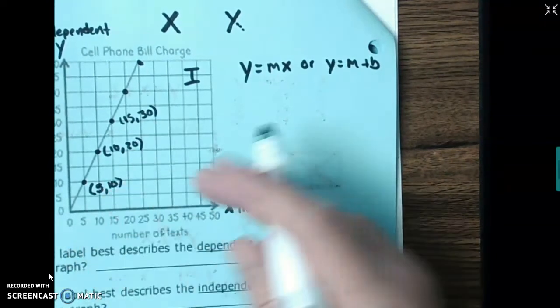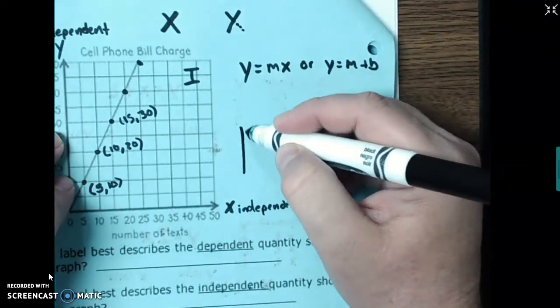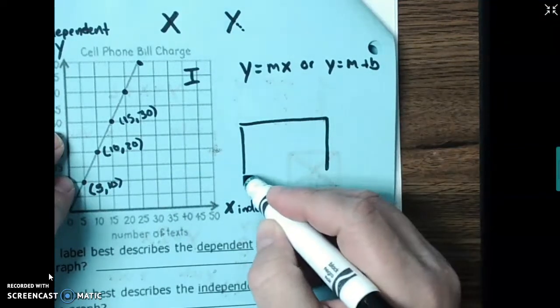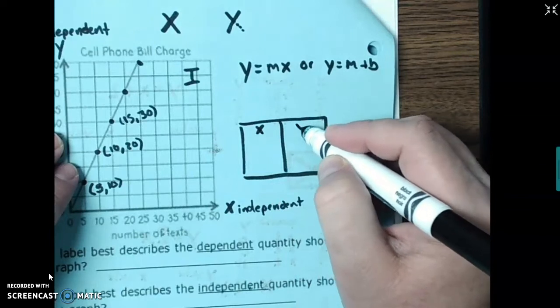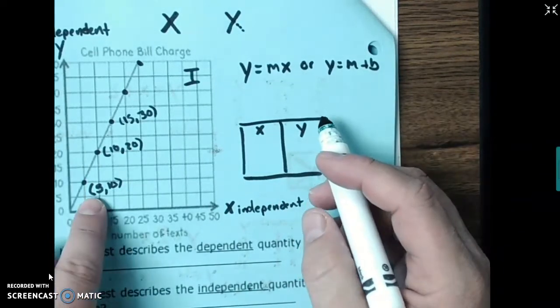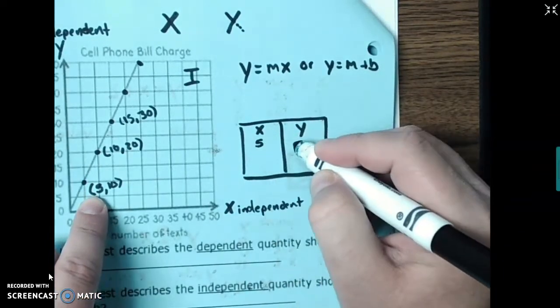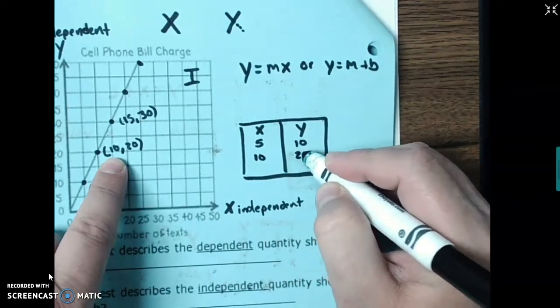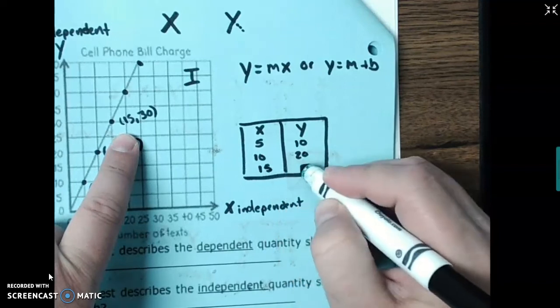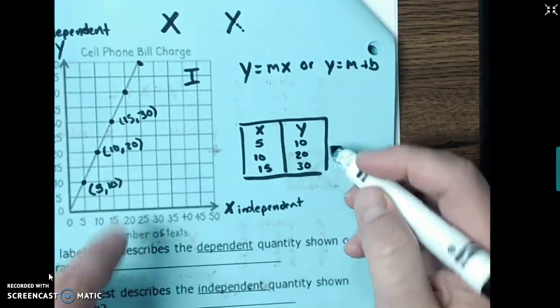I'm going to go ahead and make a table with this information. And if you remember, I told you that the x value always goes on the left and the y value always goes on the right. So I'm going to start here, and I have 5 and 10, 10 and 20, 15 and 30.